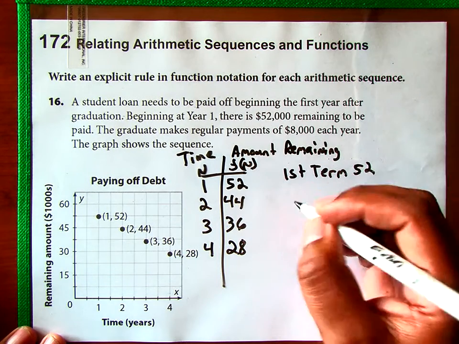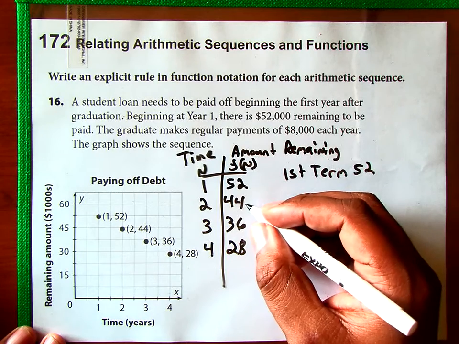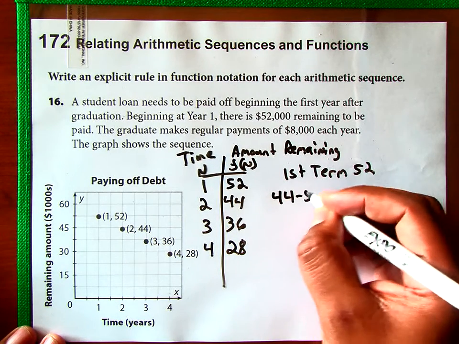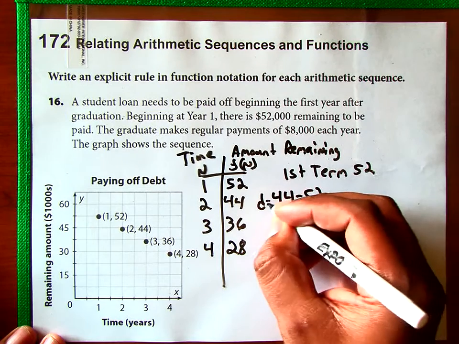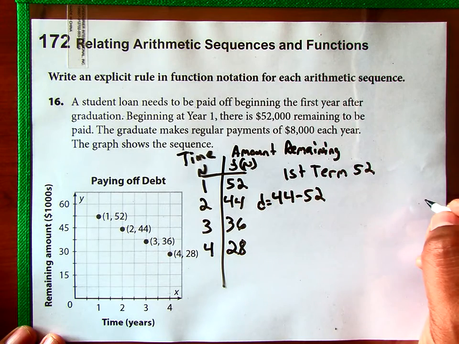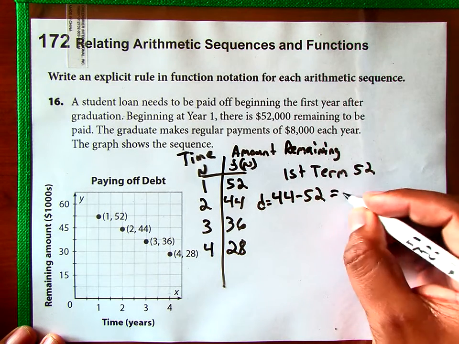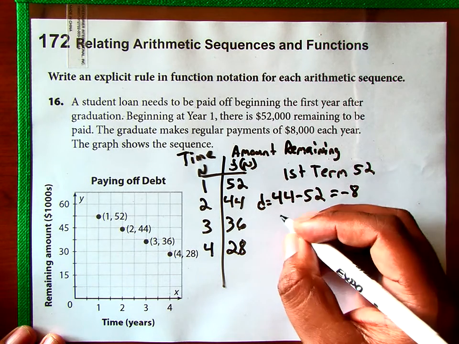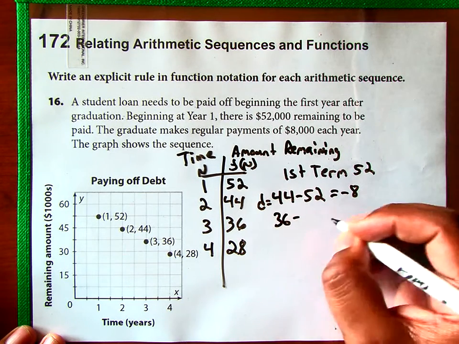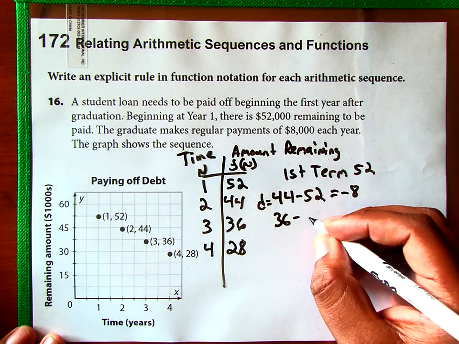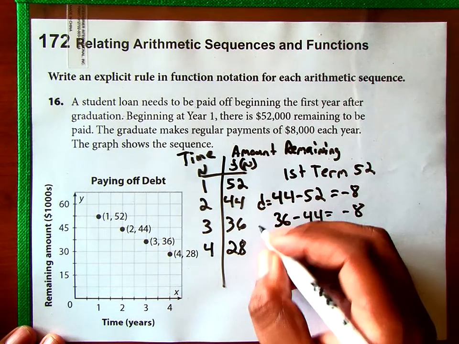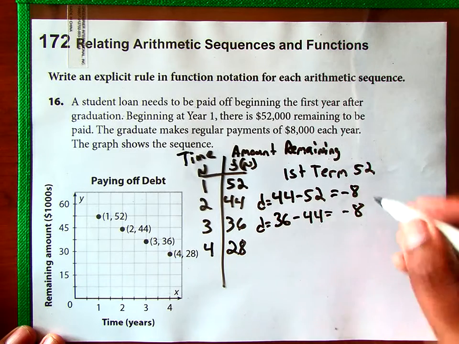But we want to keep in mind, since we're doing the next minus the previous one, 44 minus 52 for the common difference. That's going to get us negative 8. If we do 36 minus 44, that's also negative 8. So we're going to have a common difference of negative 8.